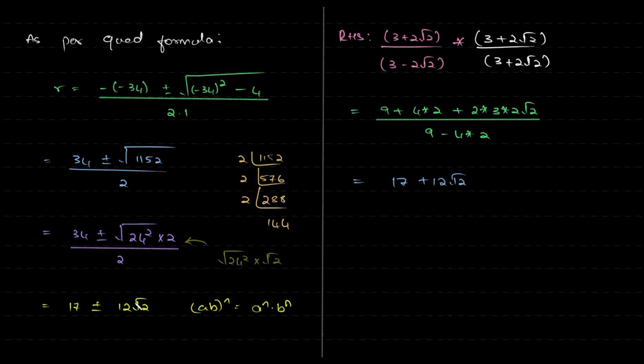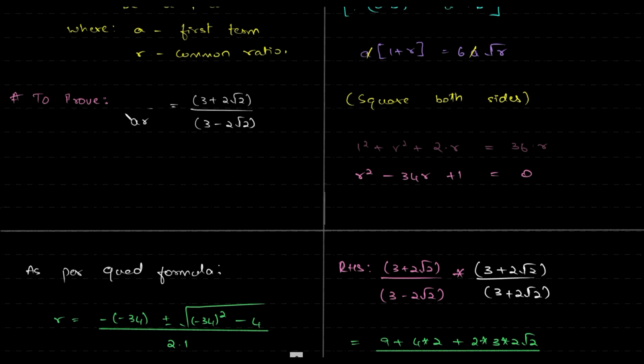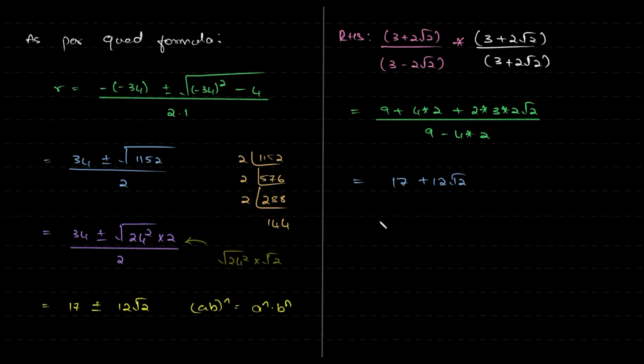We're almost done. So we have r is equal to this expression and this particular expression solved to this. So what I can do is I'll rearrange this actually. So we have ar by a. I can take it the other way around also. Okay. So this is our RHS and clearly our LHS is what we just solved. So our LHS is ar by a, which is equal to r, which is equal to 17 plus 12 root 2.